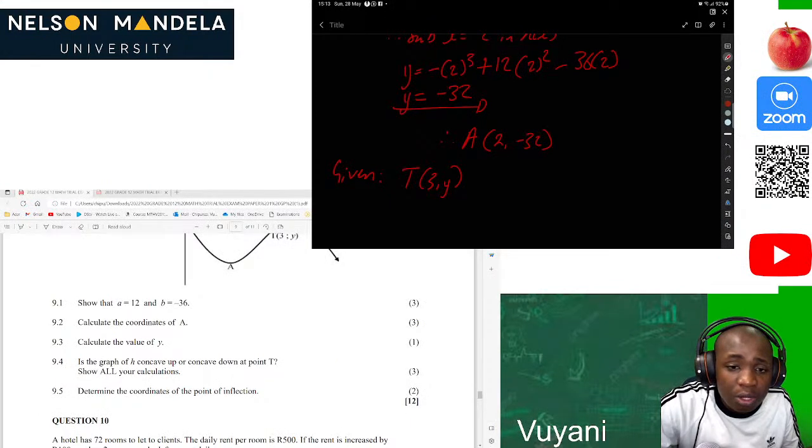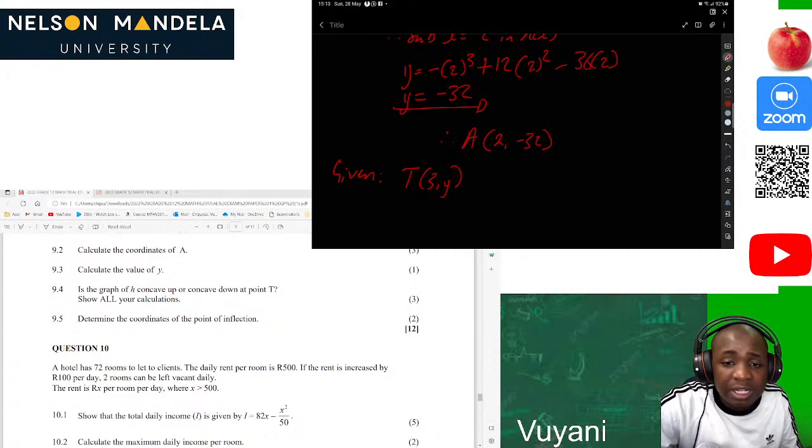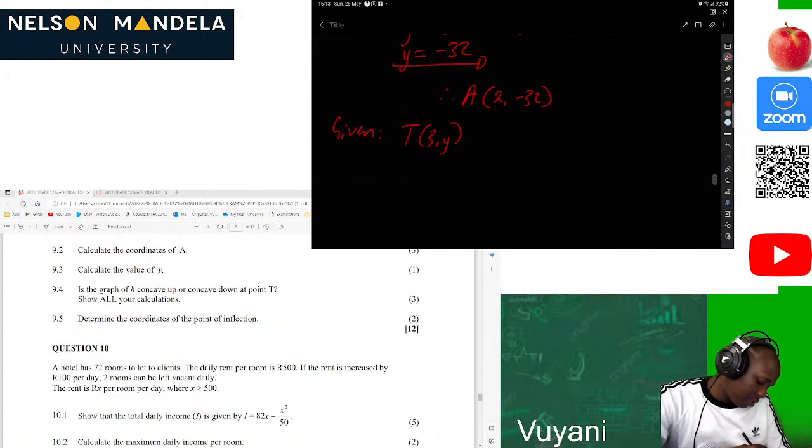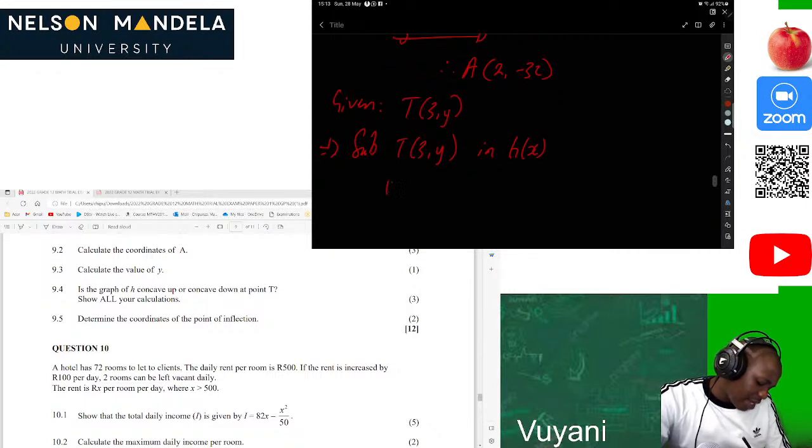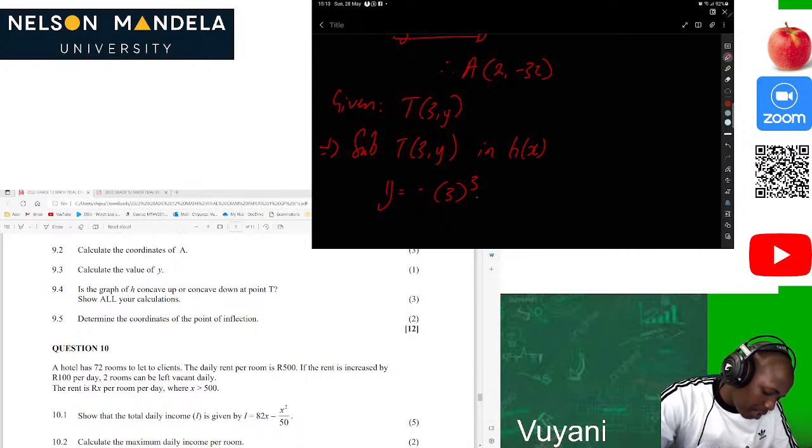Now, of course, we have T, which is (3, y). So we substitute T (3, y) in h of x. That will be y equal to negative of 3 cubed plus 12 times 3 squared minus 36 times 3.